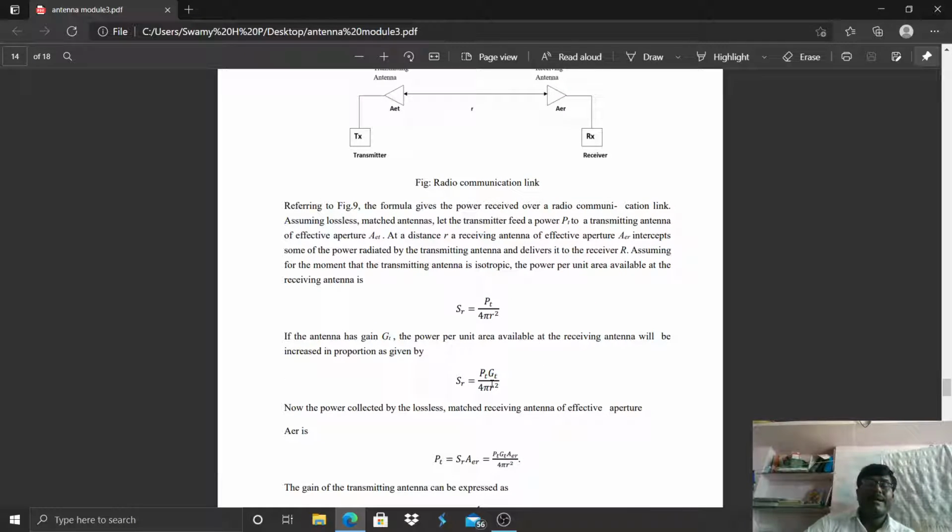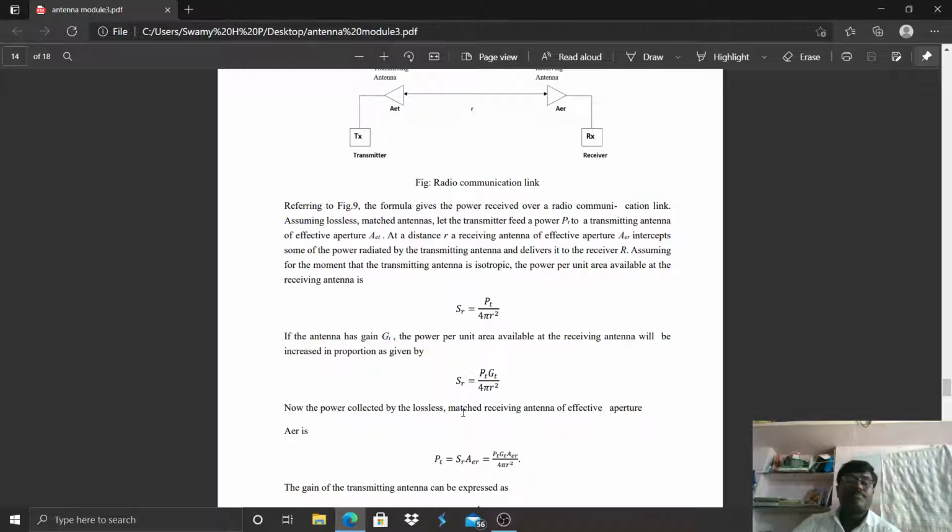Now the antenna has a gain G. The power per unit area available at the receiving antenna will increase in proportion to the gain of the transmitting antenna. So therefore the received power density, or power per unit area at the receiver, SR is equal to PT into GT divided by 4 pi R square.